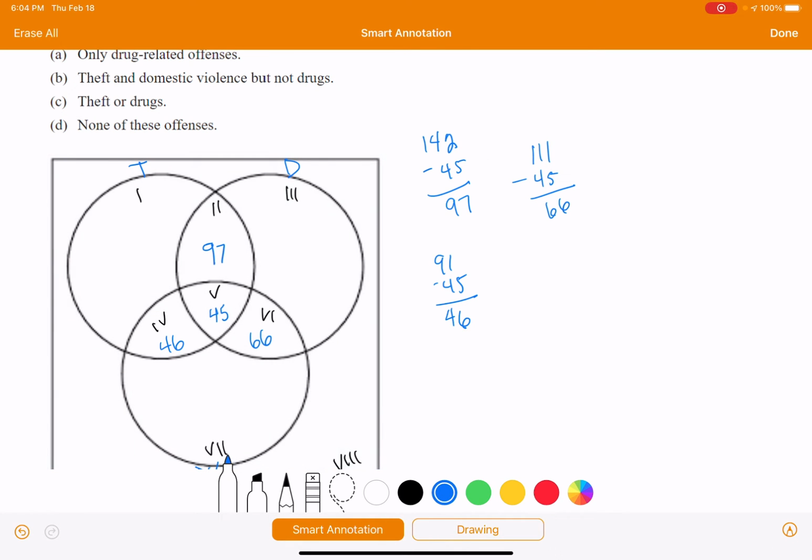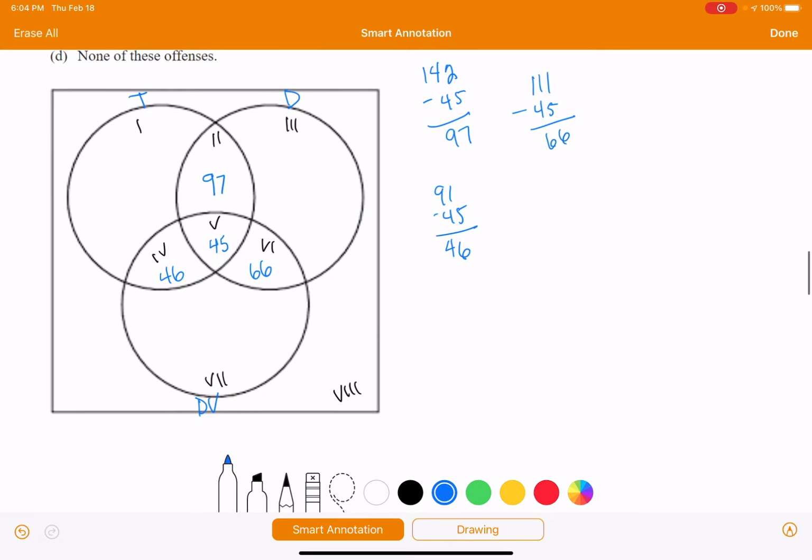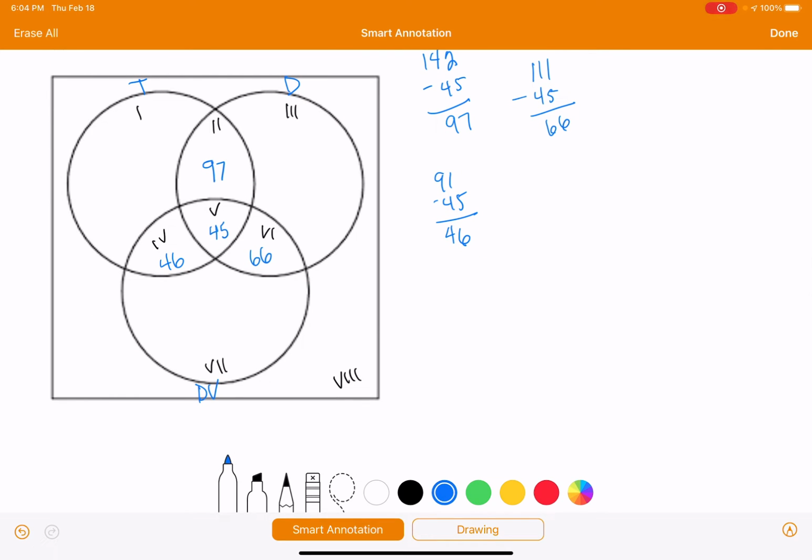All right, next I need to find the number of elements in regions 1, 3, and 7. There were 194 inmates arrested for theft total. So we need to take our 97 plus 45 plus 46 to get 188.